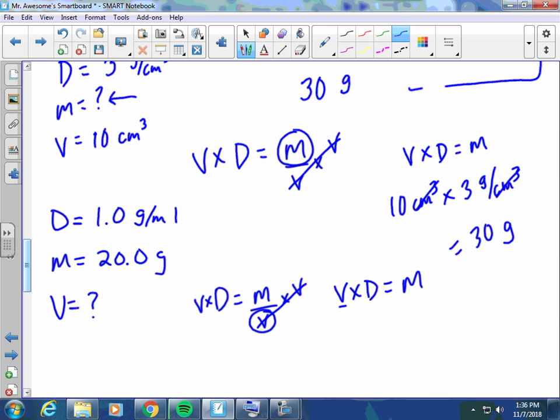V, aren't we? So we still have to get it by itself. Why is it not by itself? It's being multiplied by the density. So how do we get it by itself? Divide it by density. But whatever I do to one side, I have to do to the other side, correct? So that cancels out the D over here, and I end up with V equals M over D.